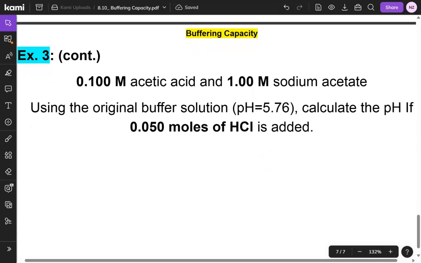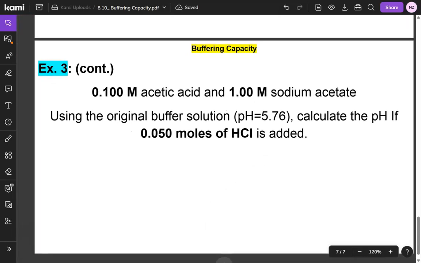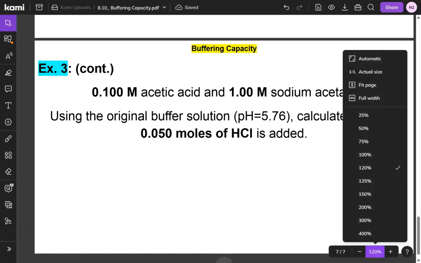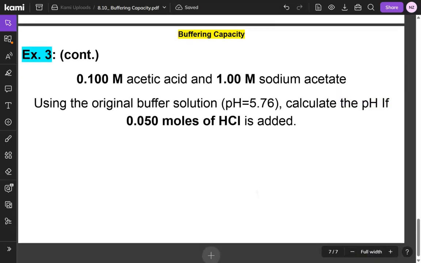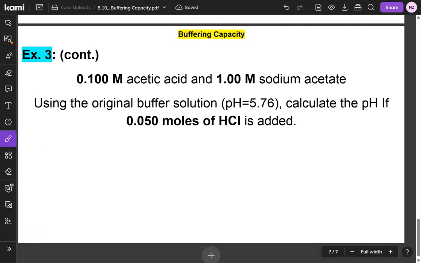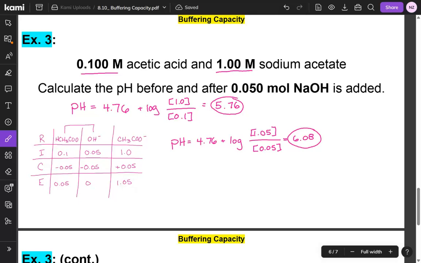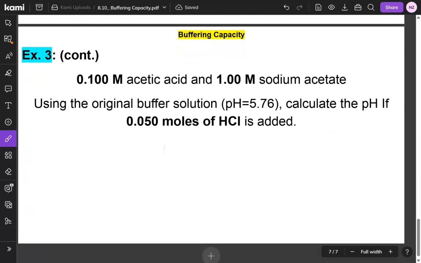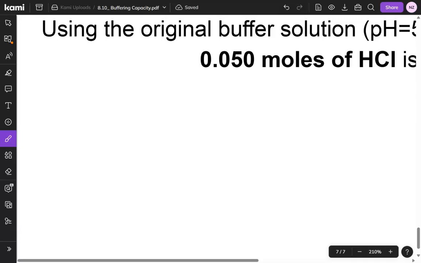Let's do the same thing, but instead of adding a base, OH, we're going to add an acid this time. Okay, so instead of adding a strong base, let's add a strong acid, and let's see how it affects our solution. Okay, so it's going to be the same pH as before, 5.76. So we're pretending like we didn't add the NaOH here. So we're just going to go right to our rice table.